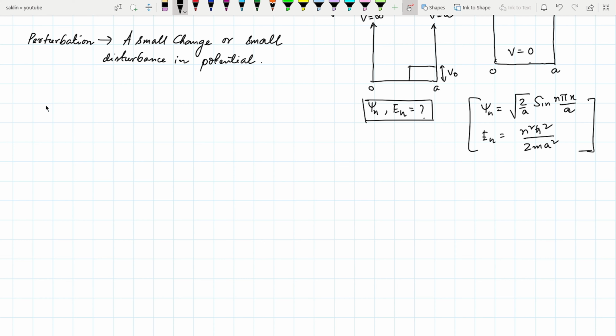Perturbation theory is classified into two types.